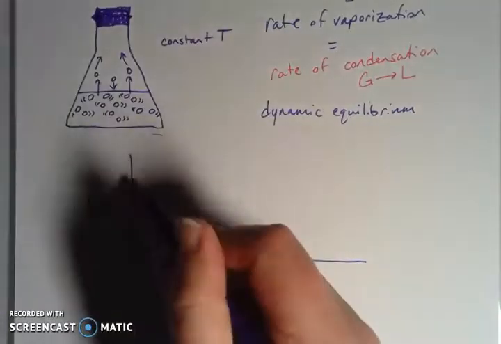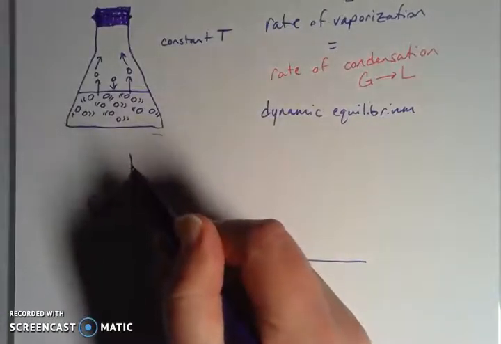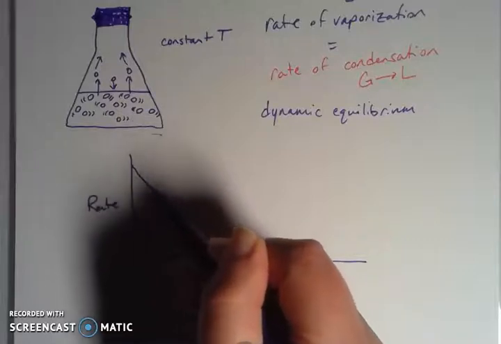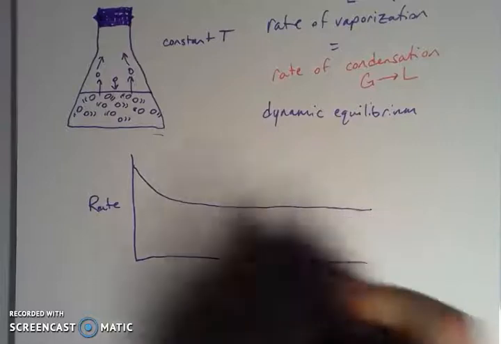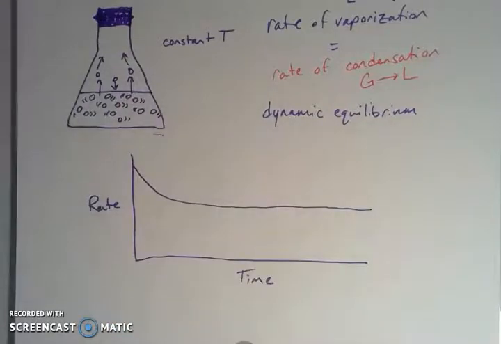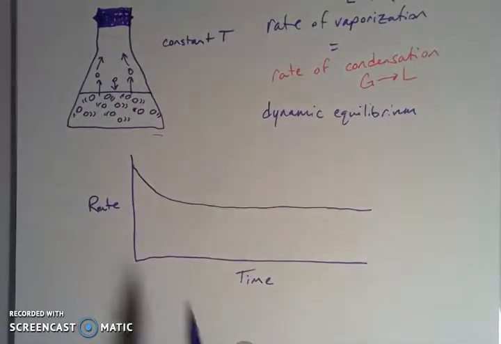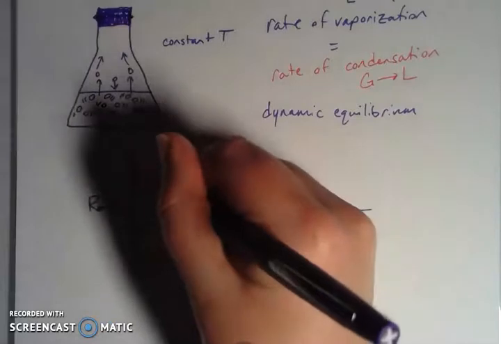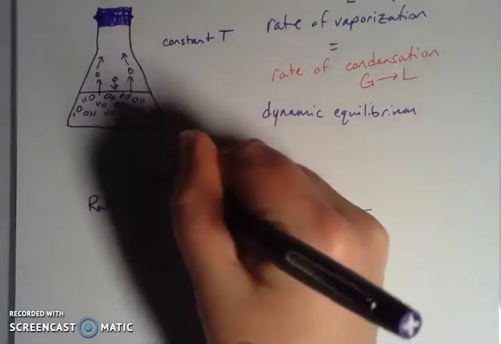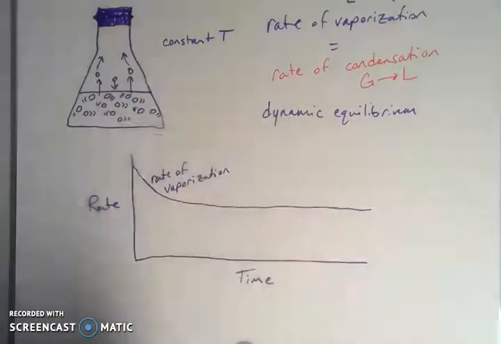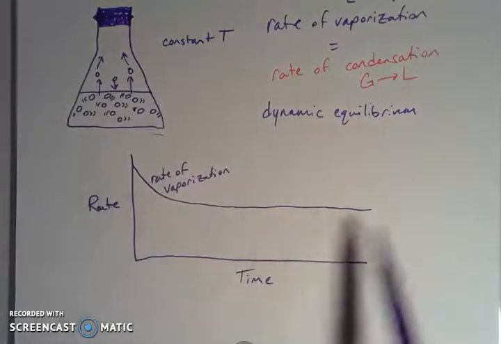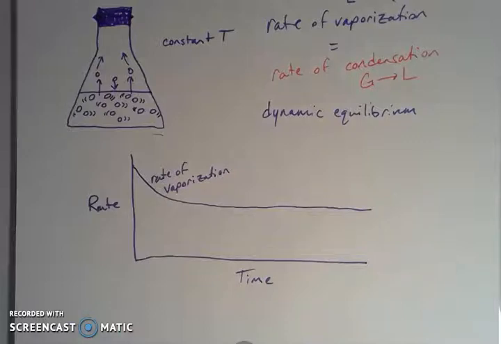Now I have this kind of process where I was just vaporizing, and now I'm not. I'm going to kind of steady out, and then I'll end up going at a constant rate over time, right? Not a non-zero rate, but just a constant rate over time. So let's call that my rate of vaporization. So it started pretty fast, and then it slowed down a little bit.